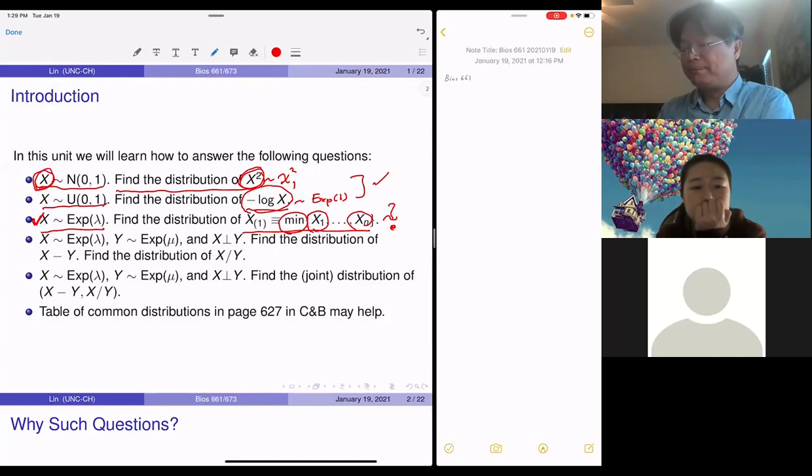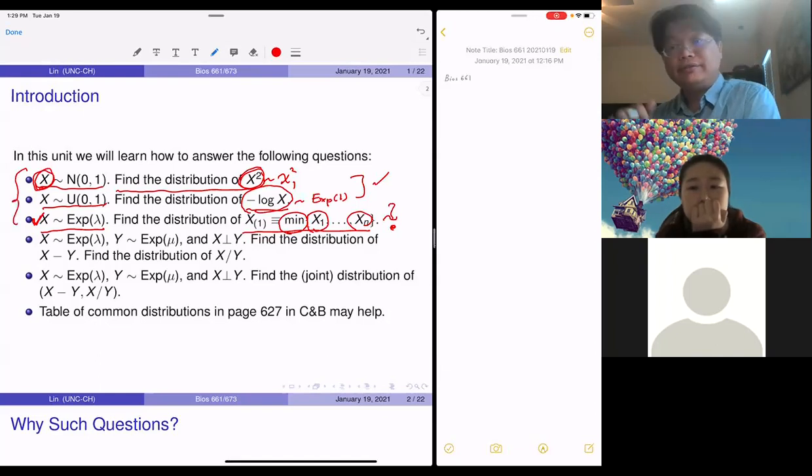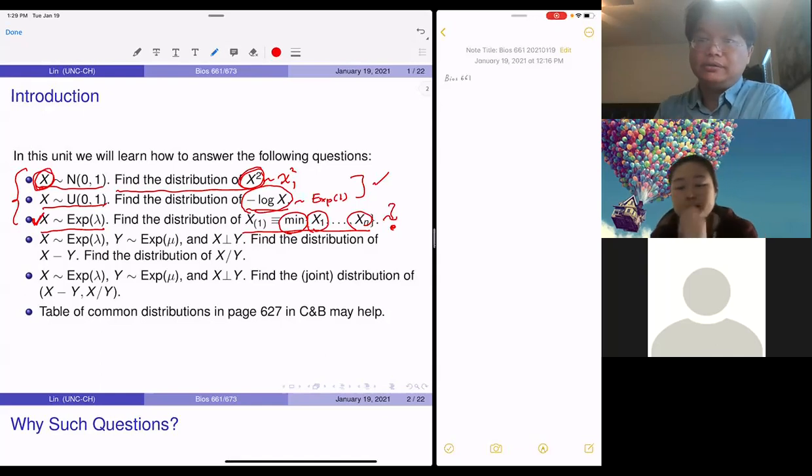Okay, good. The first three cases are the so-called univariate, which means only a single variable. Then in the transformation we are going to learn about multiple variables as well, also called multivariate.